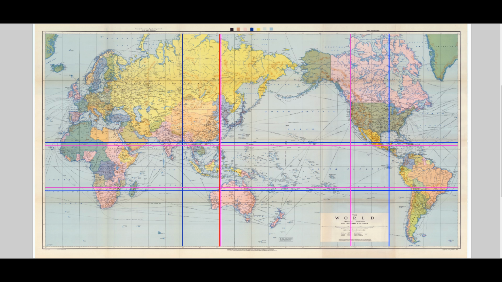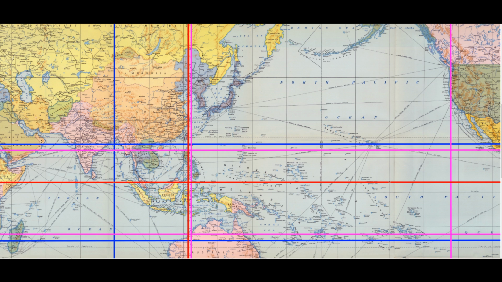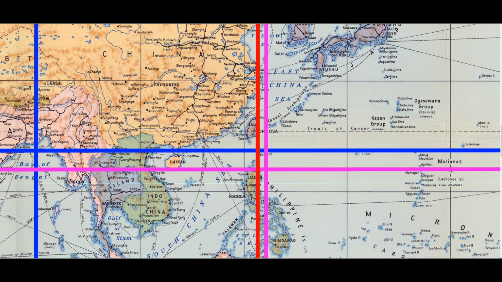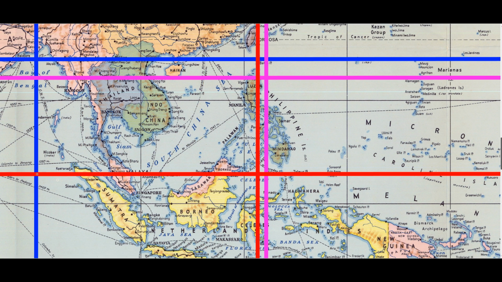Now I'm going to blow up the map and to show you these lines. I repeat again, they are not entered precisely because I don't own the program that can vectorially draw the line above the map of the world.